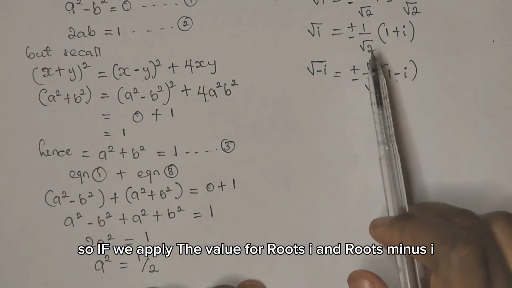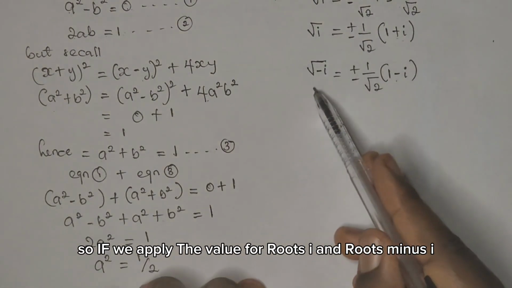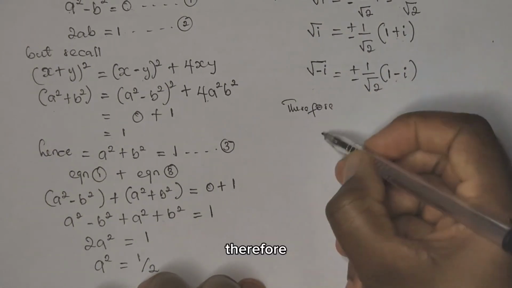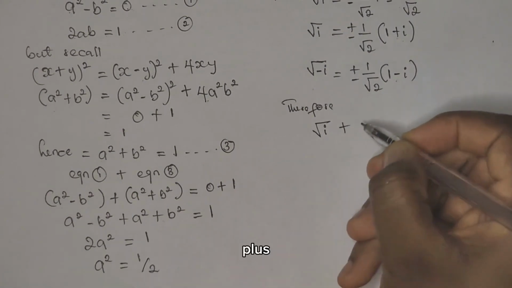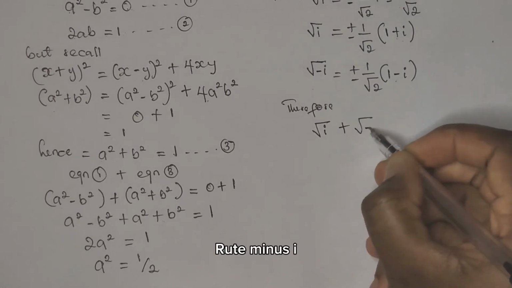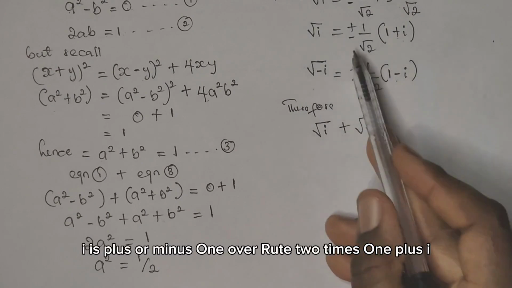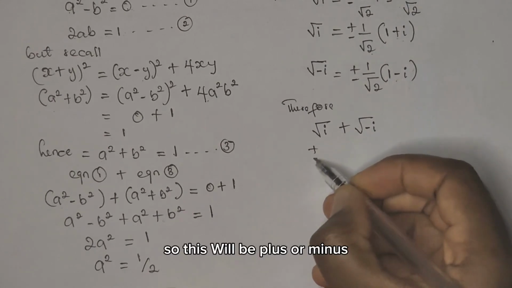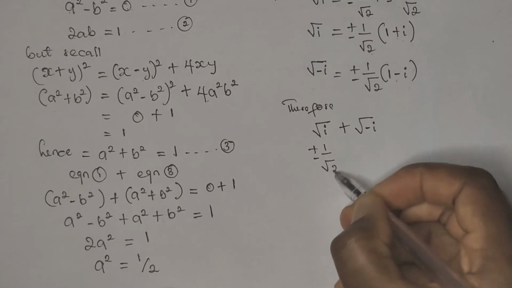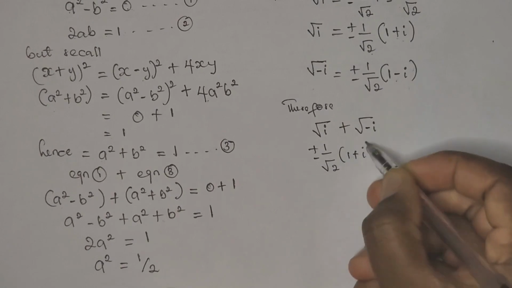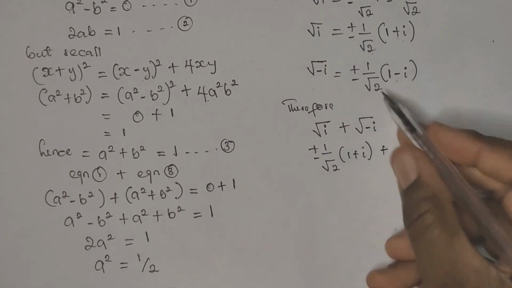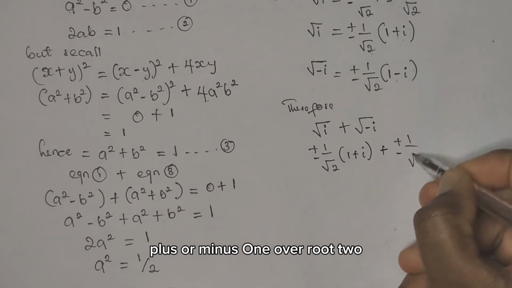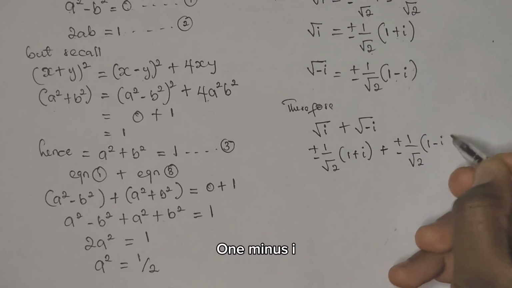So if we apply the values for root i and root minus i, root i plus root minus i would be plus or minus 1 over root 2 times (1 plus i), plus root minus i, which is plus or minus 1 over root 2 times (1 minus i).